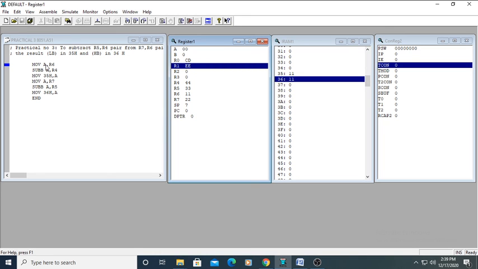Let's see. So subtract, we transfer 11, and from 11 we are going to subtract 44. Yes, CD is coming, so we will transfer over here CD. Then next 22, and we are going to subtract 44. You can see still the carry is there from the previous subtraction.